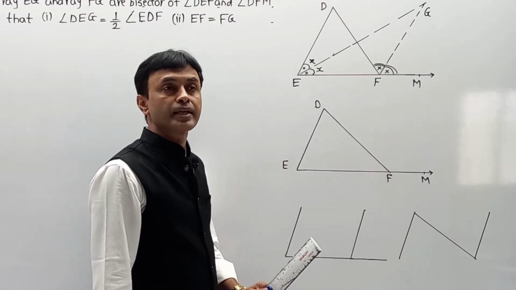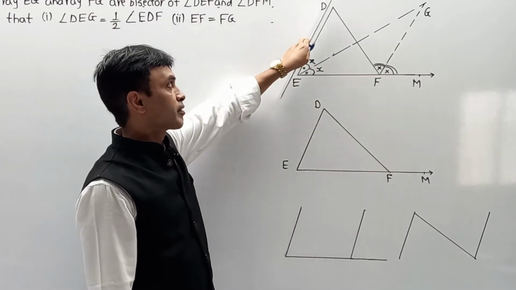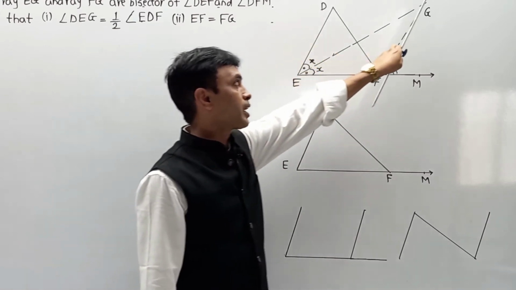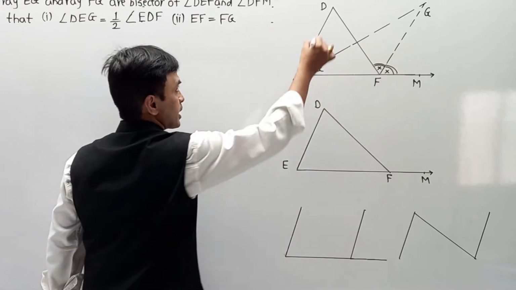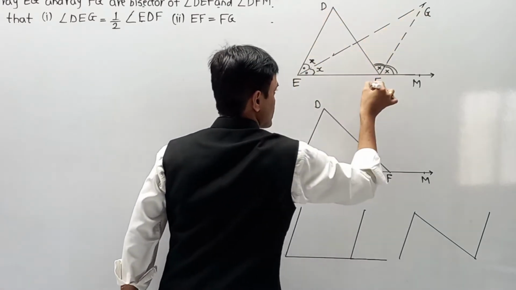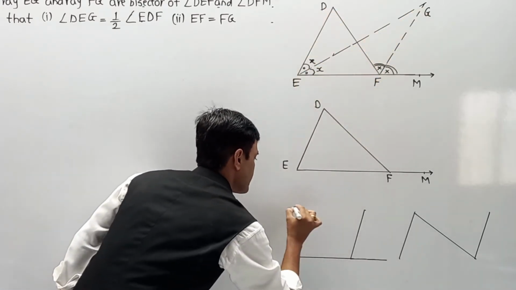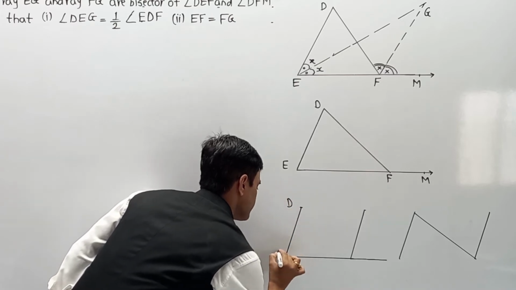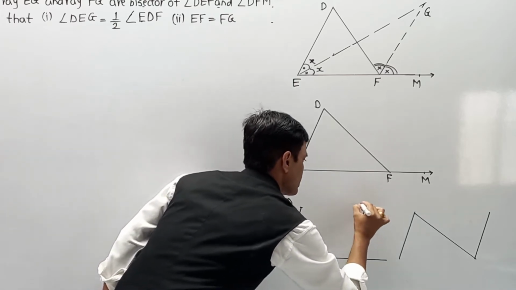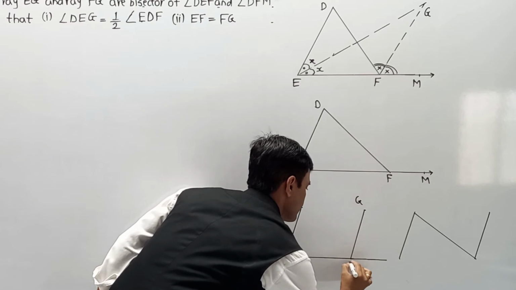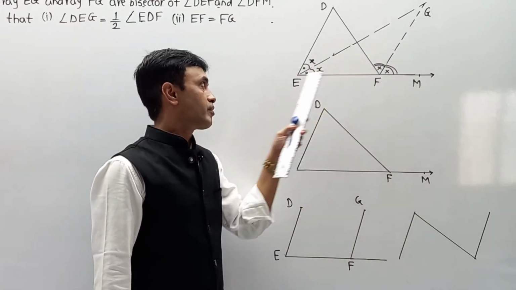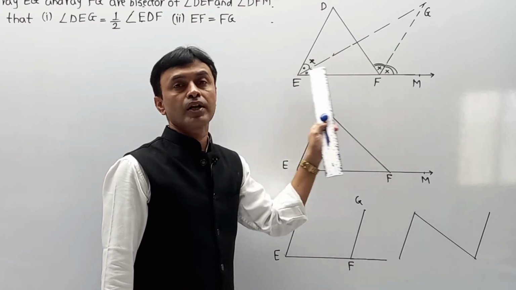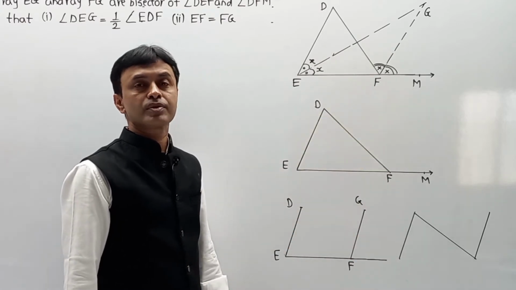Next, they have given DE parallel to GF. Here DE is parallel to GF, then EF or EM acts as a transversal.